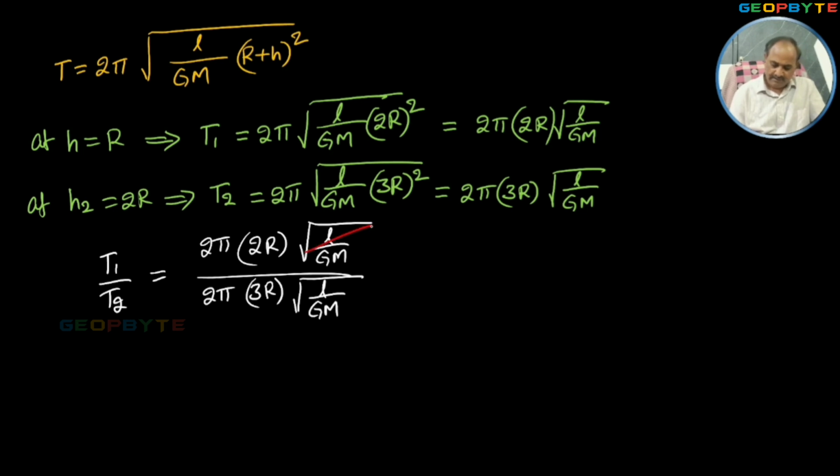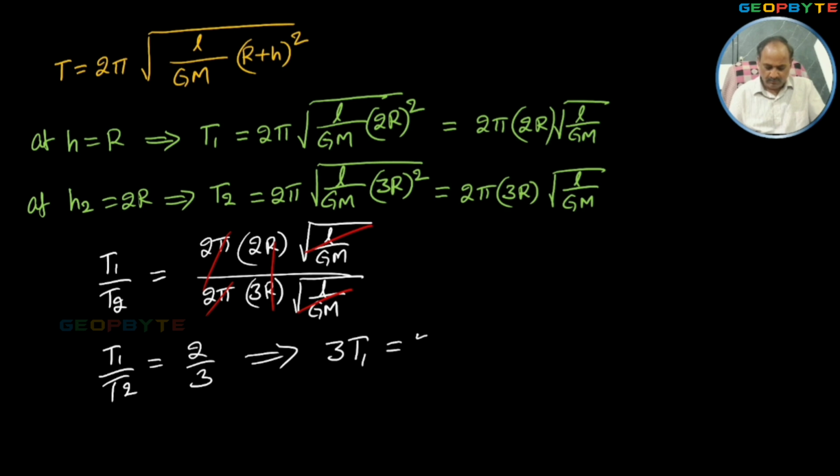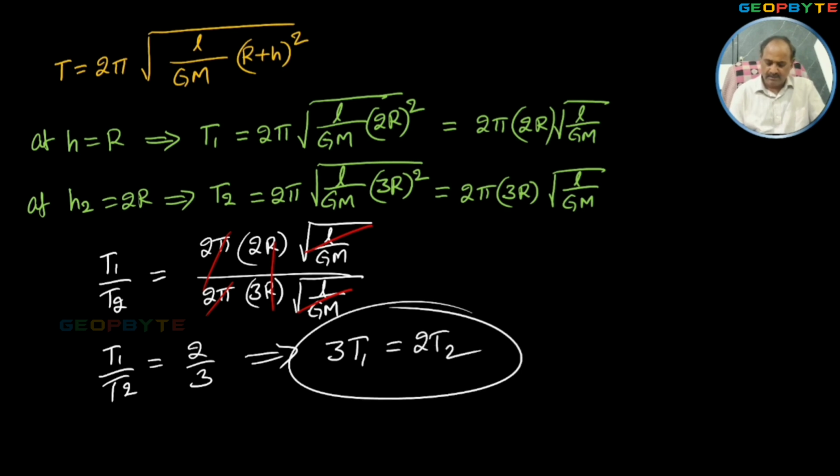Now let us cancel L by Gm, R, 2 pi. Finally, T1 by T2 equal to 2 by 3. From this, I can write that 3T1 equal to 2T2. That is the relation between T1 and T2.